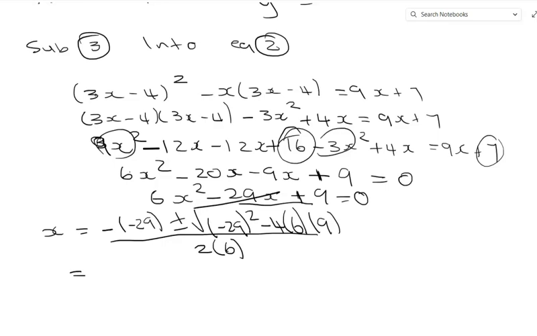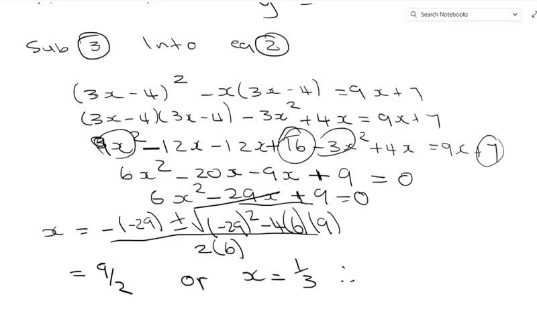That is going to give us 9 over 2, and the other one is going to give us 1 over 3, or x is equals to 1 over 3.